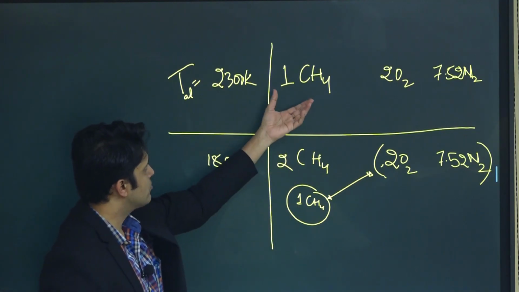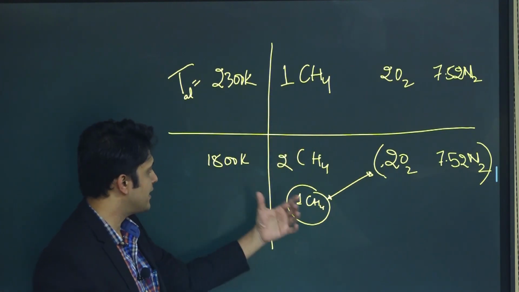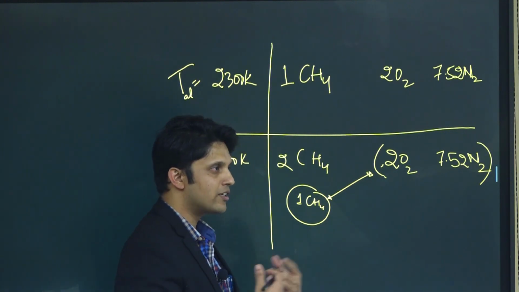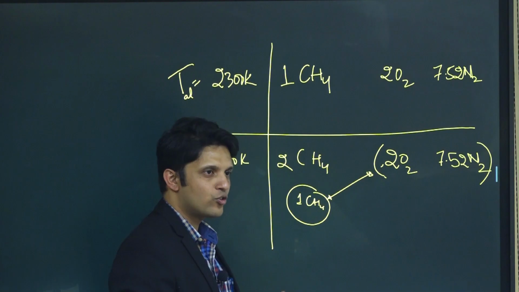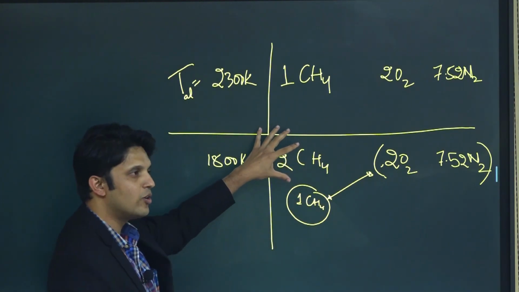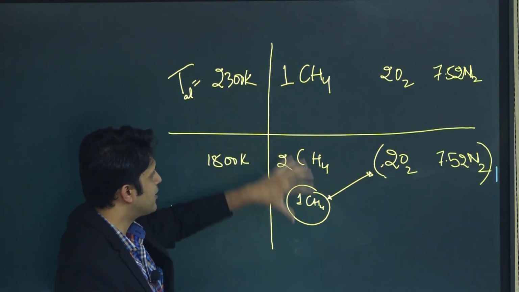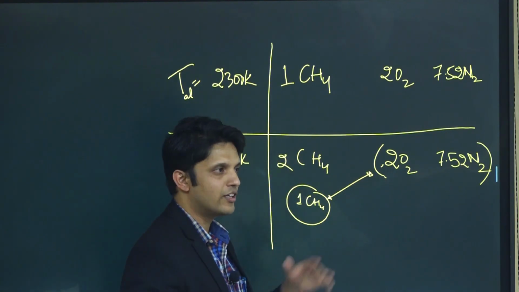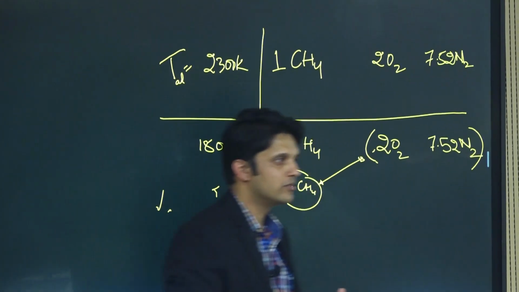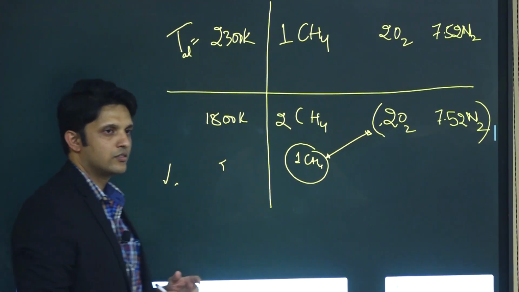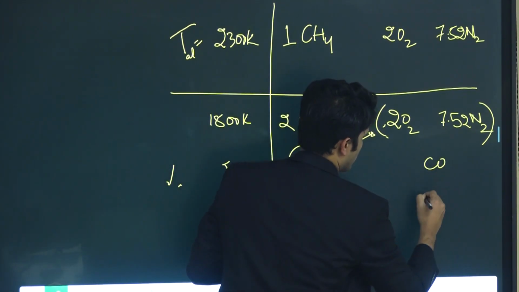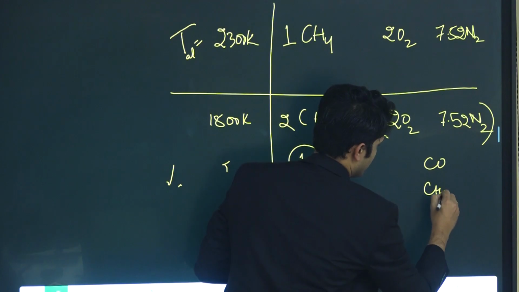In the first case you are burning 1 mole of methane, and in the second case also you are burning 1 mole of methane, so the energy that you are getting out should be the same, even with incomplete combustion because of some residual methane. The amount of methane that you are burning is the same in both cases, so the energy output is the same. So why is the temperature going down? CH4 is converting to CO. Yes, so you have some additional species, CO, and some CH4 is remaining, right?